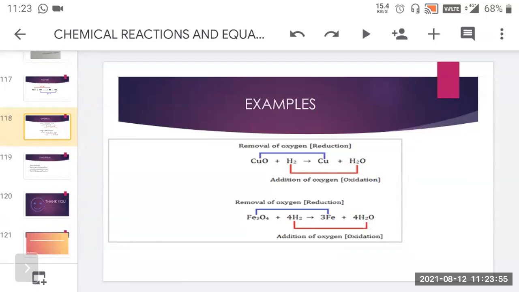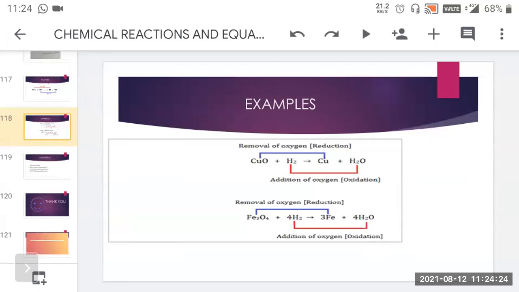Now here in this case you may ask why it is not displacement, because the oxygen is going towards the H2. But see students, replacement is not appearing. Here total removal of oxygen, electrons or hydrogen is taking place, or total addition of oxygen, electrons or hydrogen will take place. So here you can see that CuO is releasing the oxygen.